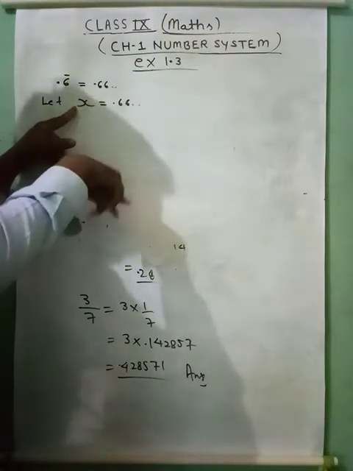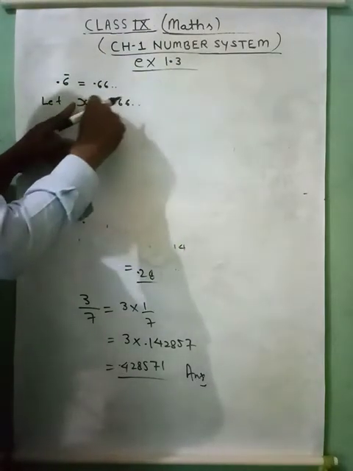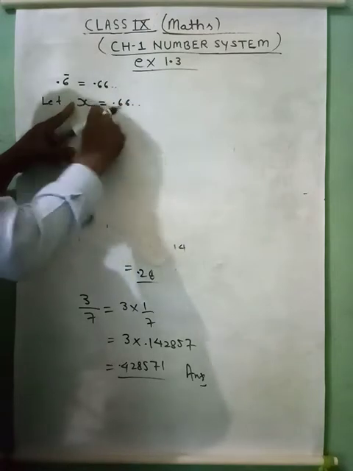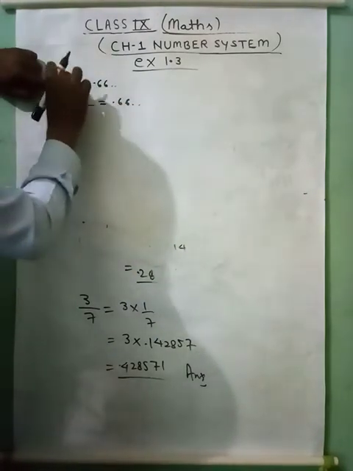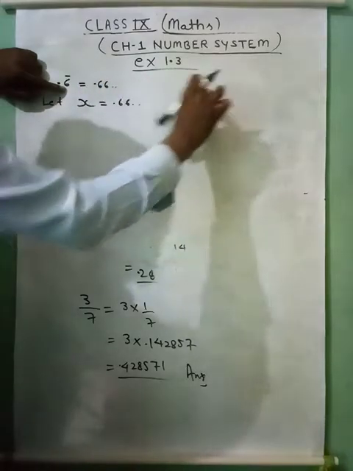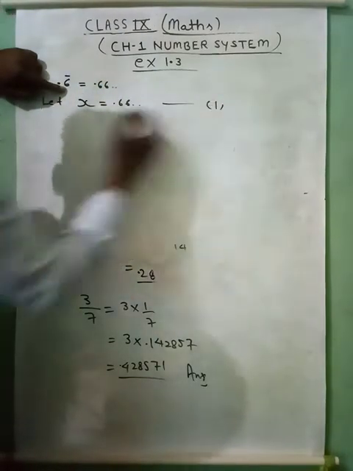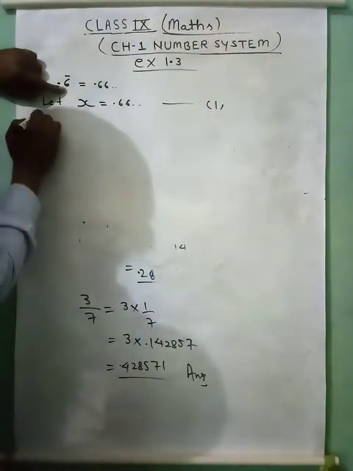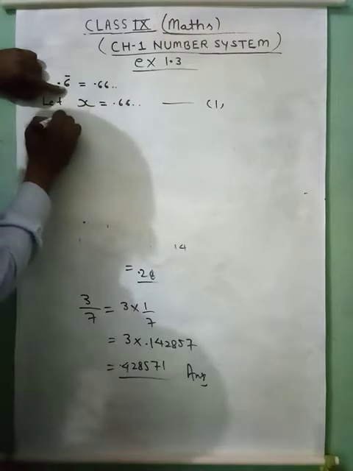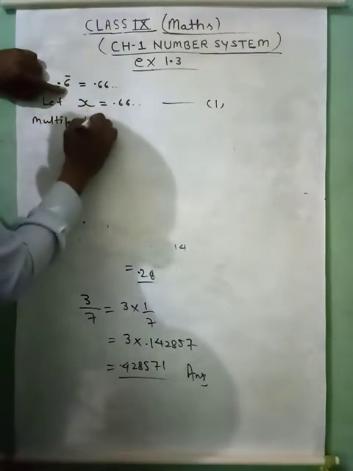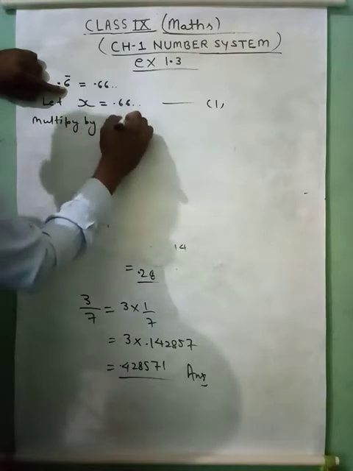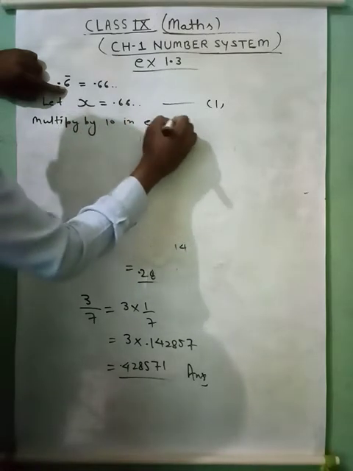If three digits are repeating, we have to multiply by 1000 on both sides. So we see here one digit is repeating, 6666. So in equation first, multiply by 10.